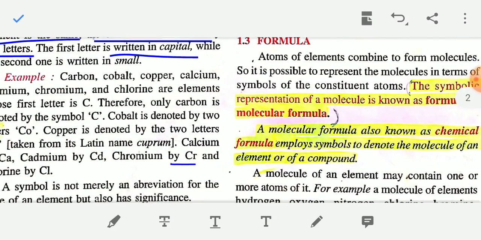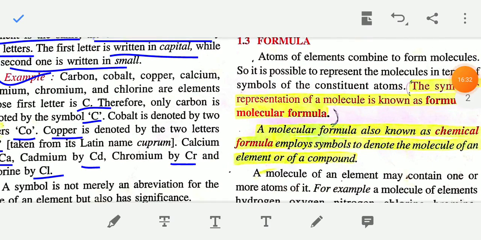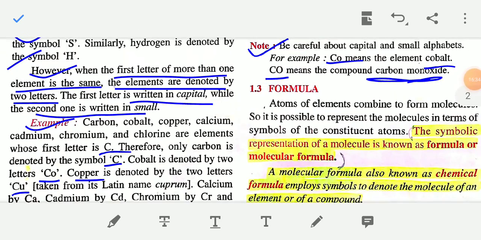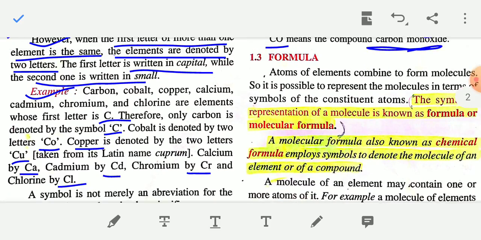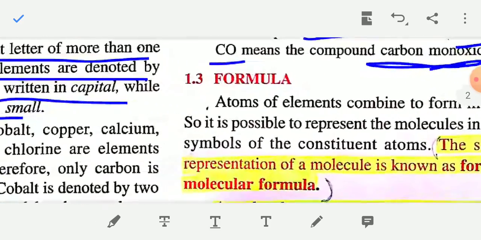Now see formula. What is formula? Like a symbol is used to represent an element, similarly molecules or compounds are represented by giving a formula, a molecular formula or chemical formula.